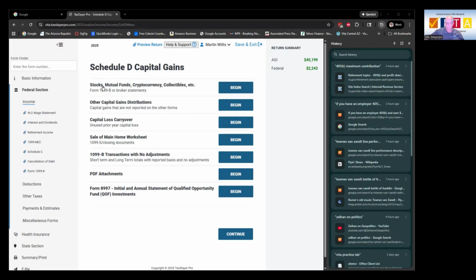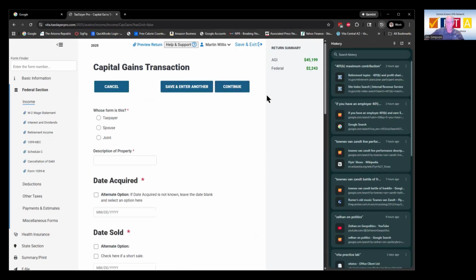We're going to use this one, stocks, mutual funds, cryptocurrency. We can never do cryptocurrency, but TaxSlayer handles it. We're just not allowed to do it. This comes from Form 1099-B or broker statements. That's what we're looking for here. But then I also mentioned capital loss carryovers. You would go in this screen to enter in any carryover as well.